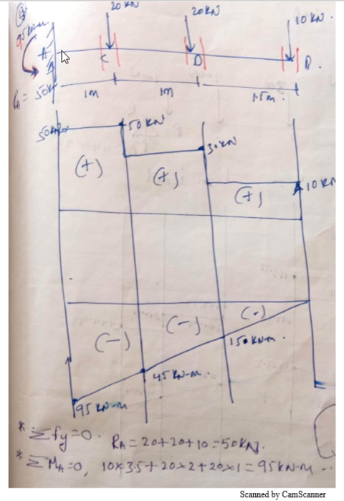When I am considering the right, consider all the forces on the right. 10 into the perpendicular distance of 3.5, so it will become minus 35 because the beam is bending downward. And this is 20 into 2, minus 40, and this is 20 into 1, minus 20, so minus 20, minus 40 and minus 35 will give me minus 95 kilonewton meter. At this point I am joining using a straight line.